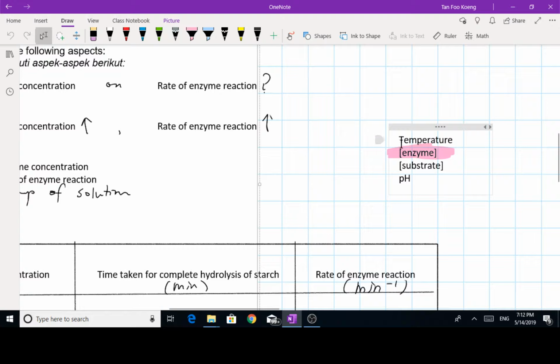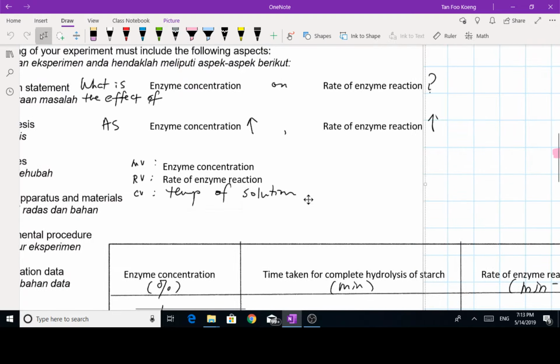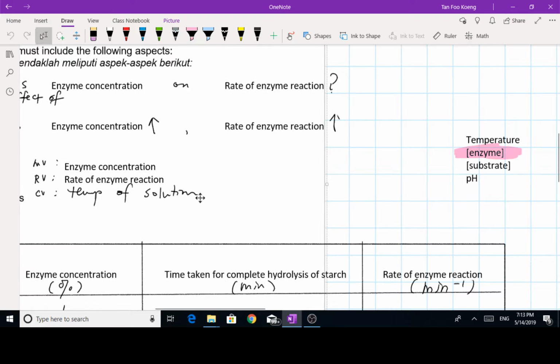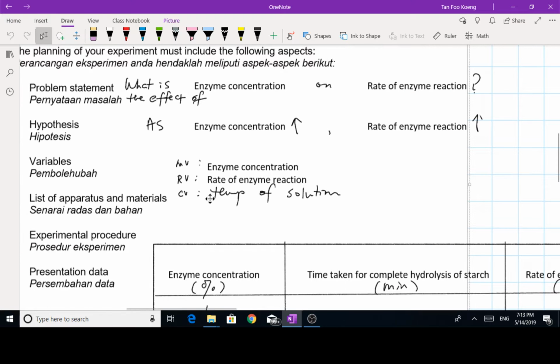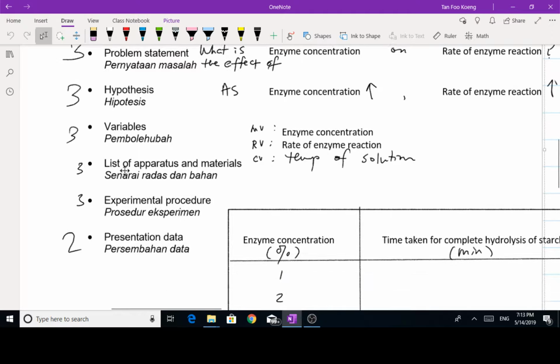So since in this experiment we actually investigate the relationship between concentration of enzyme to the rate of enzyme reaction, the other 3, the temperature, substrate concentration, and the pH, have to be kept constant because they have the ability to influence your result. So you just choose either one as your CV here, the temperature of the solution, for example, or the concentration of the substrate, or the pH of the solution. Then 3 marks for you. So within 3 minutes, we have settled 3 questions.